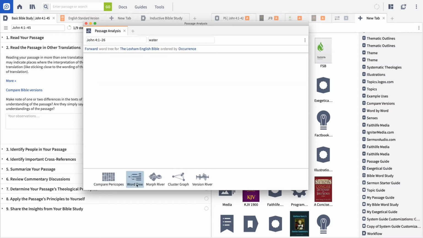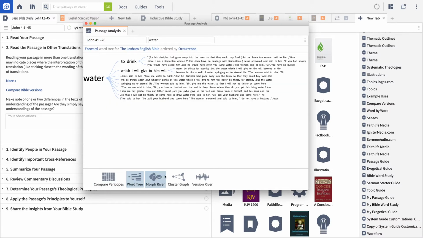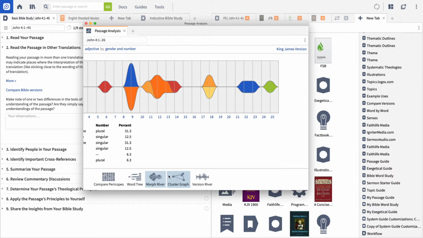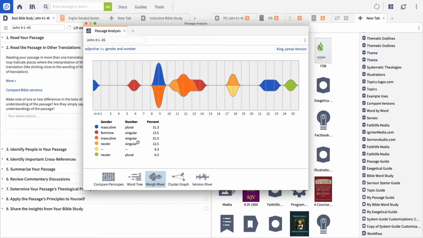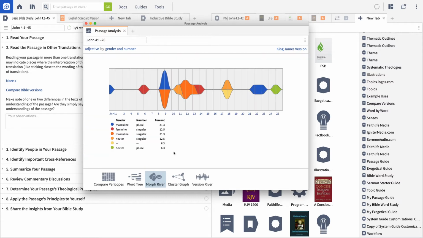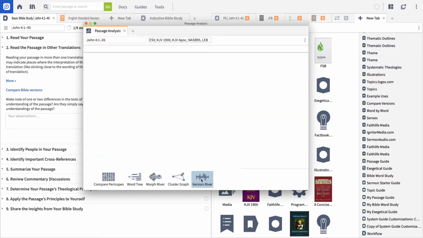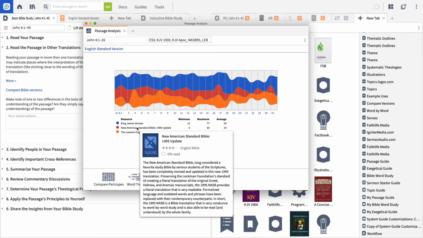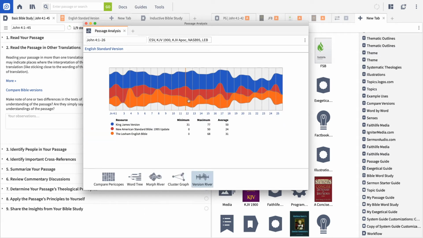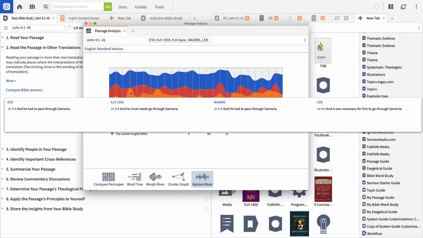I'm trying to remember, was there actually a comparison? Okay, word tree. Ooh, what's this? Let's see, percent version river. Okay, what is... Ooh. Okay, minimum, maximum. What does this mean?